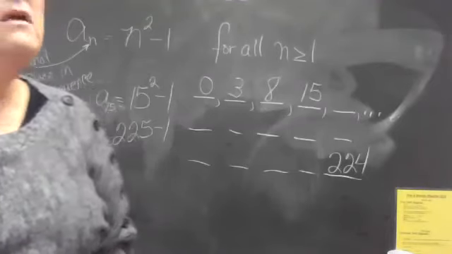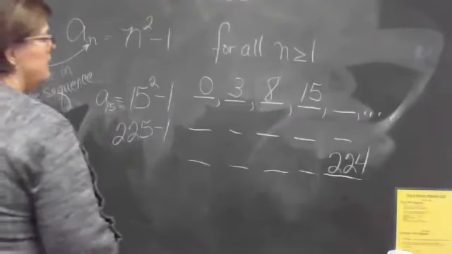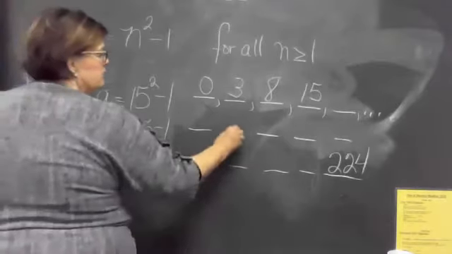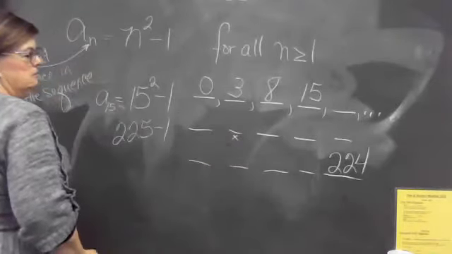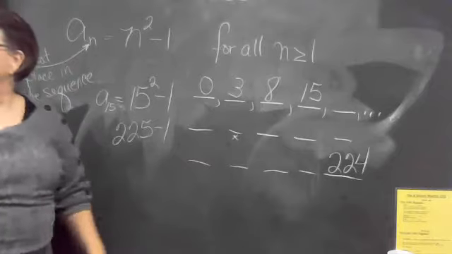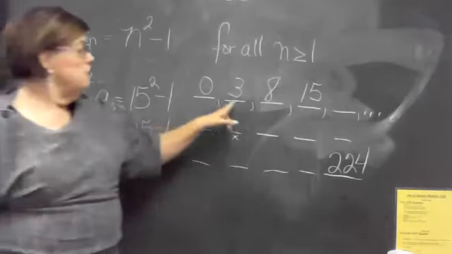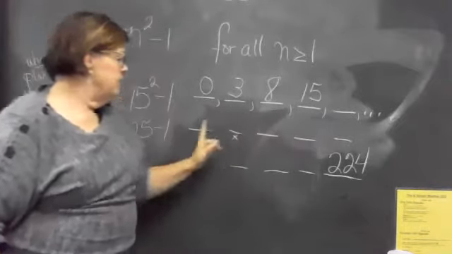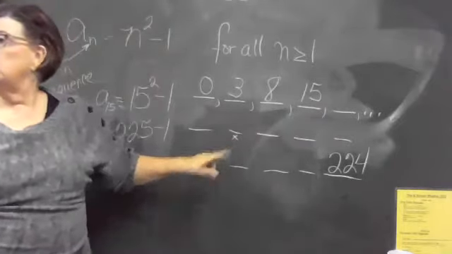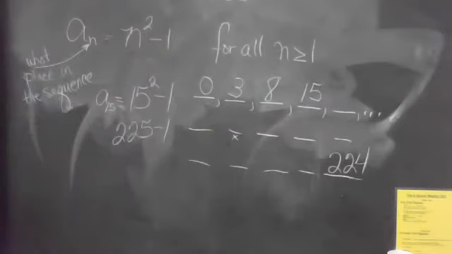Okay, tell me what this term is right here. First of all, we've got to know what term that is in the series. So I have 1, 2, 3, 4, 5, 6, 7th one.